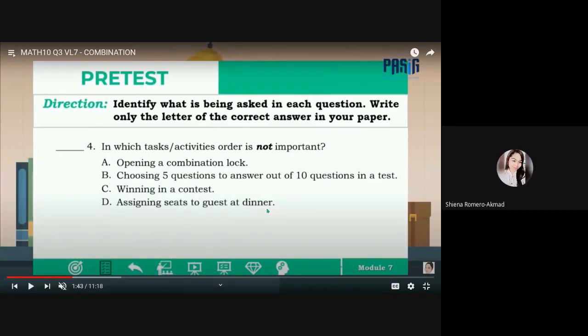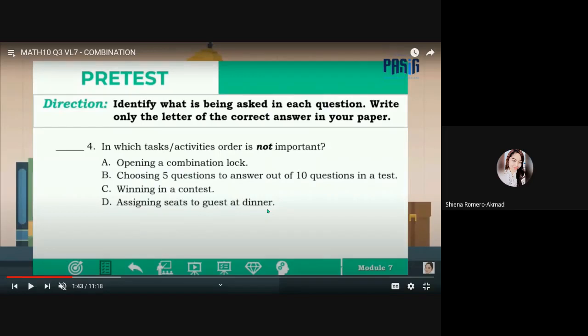So ang punto nilang dalawa pareho is that in choosing 5 questions to answer out of 10, remember na yung 5 yon, whether anong arrangement ang mangyari, ano man ang mauna, napili, pangalawa, pangatlo, and so on, lahat naman yun sasagutan mo lang din eh. So, it doesn't matter kung sinong mauna, sinong pangalawa. Yung scoring, di ba? Pag binigyan niya ng score, pare-pareho lang din yung scoring.